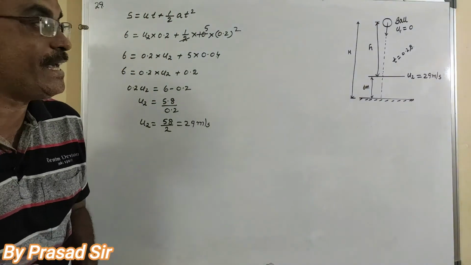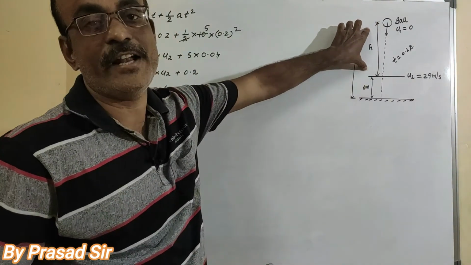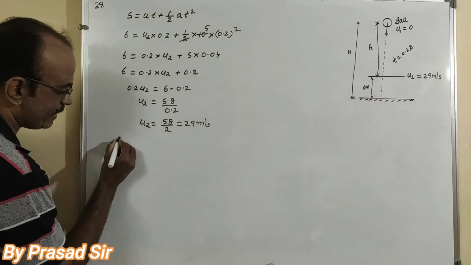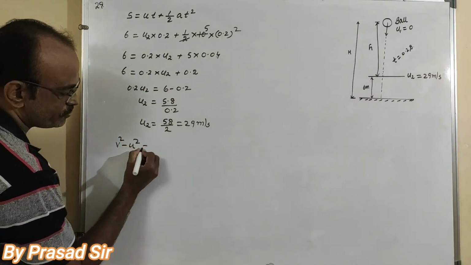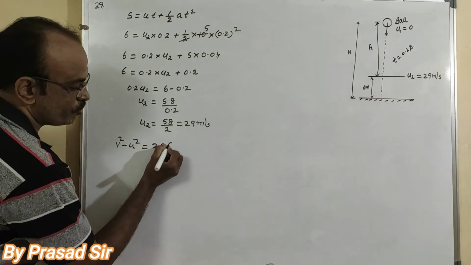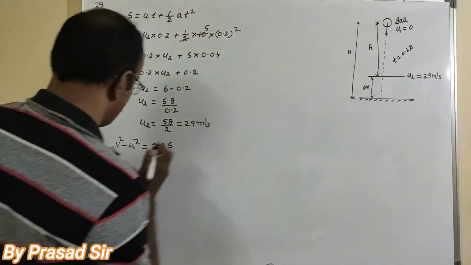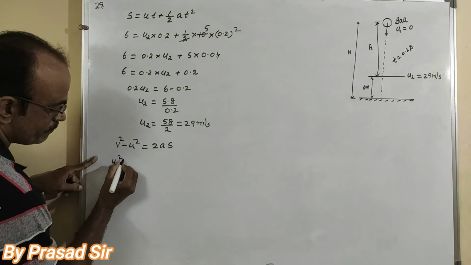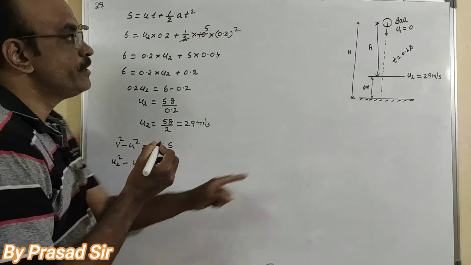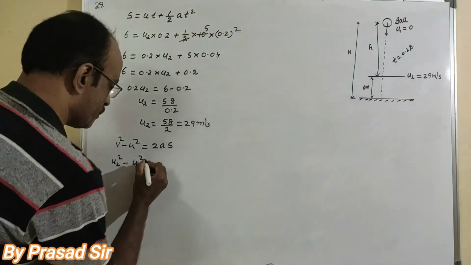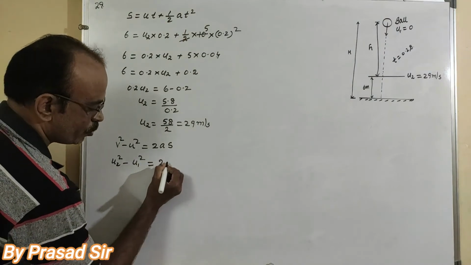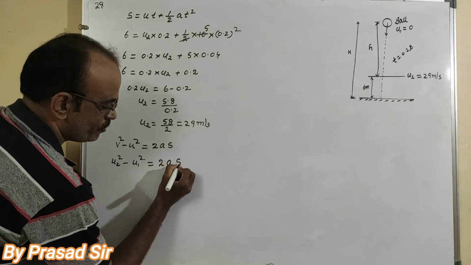But which one do I want to calculate here? This height required. We know the formula, that is v square minus u square equal to 2as. So here, what is the velocity here? This one, u2, minus u, that is u1, whole square is equal to 2 into a into s.